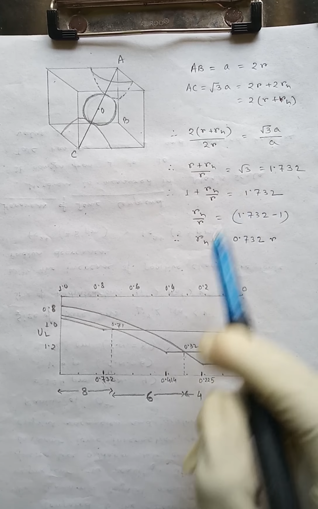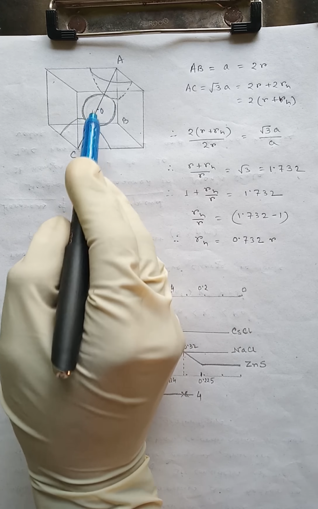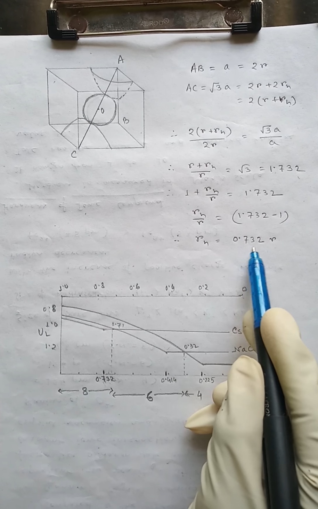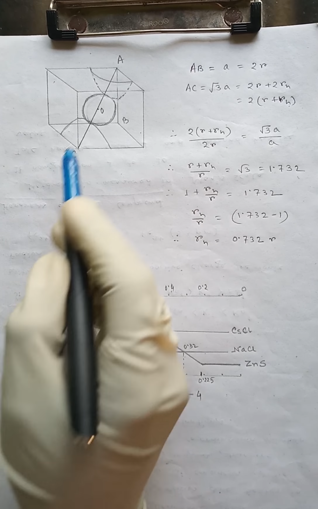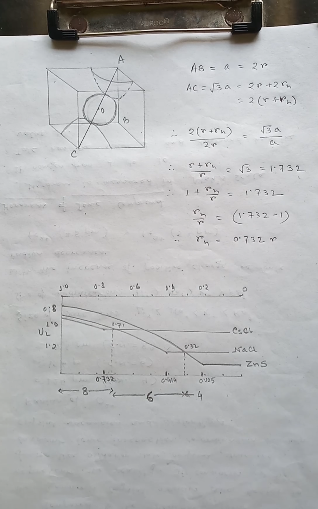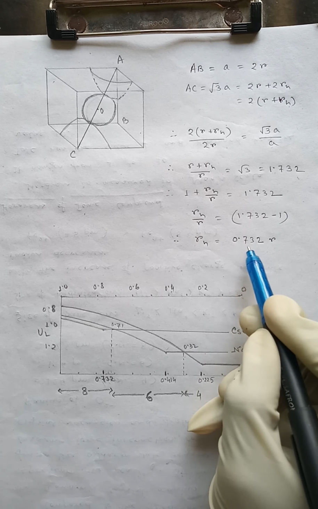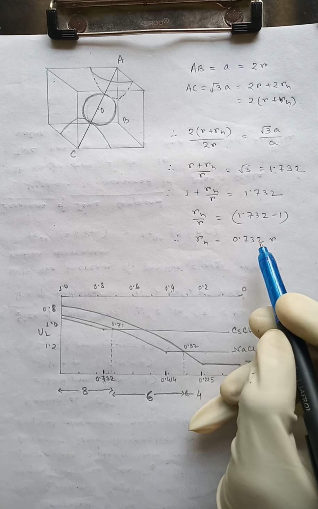You can see the calculation. So the radius of this hole is 0.732 times the radius of this anion. So the radius ratio RH by R is equal to 0.732.